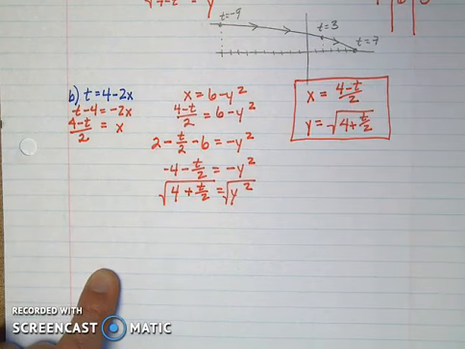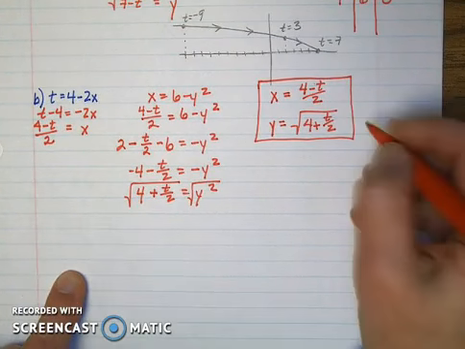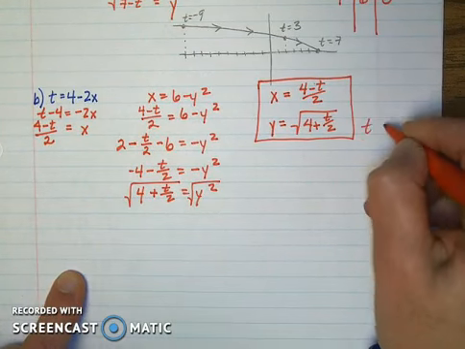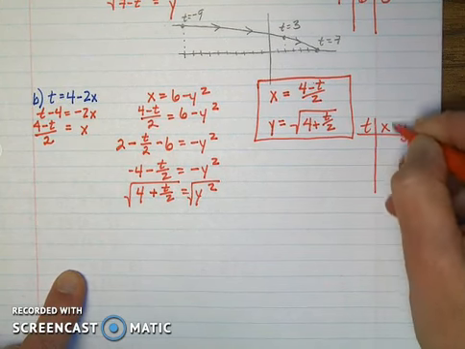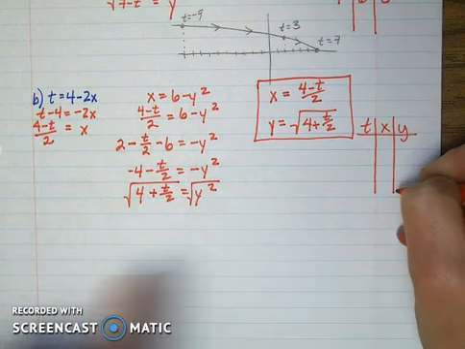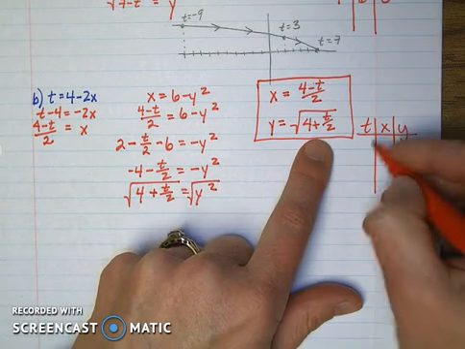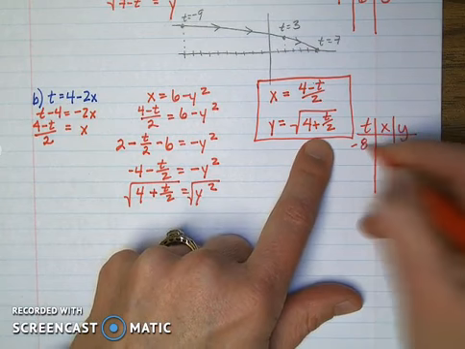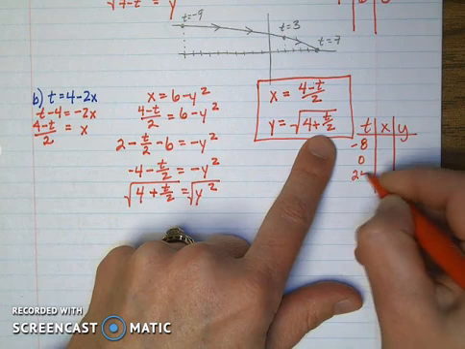And now to get an idea of the graph, I'm going to make another little t-chart. So I've got t, x, y. And again, I have a square root, so I'm going to plug in numbers that make this nice and easy to divide. That would be negative 8, 0, and 24. Let me show you why.